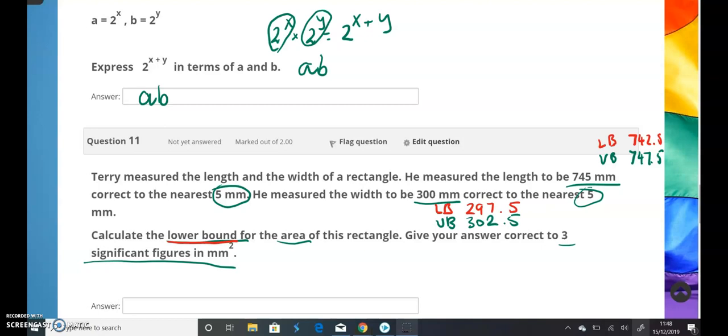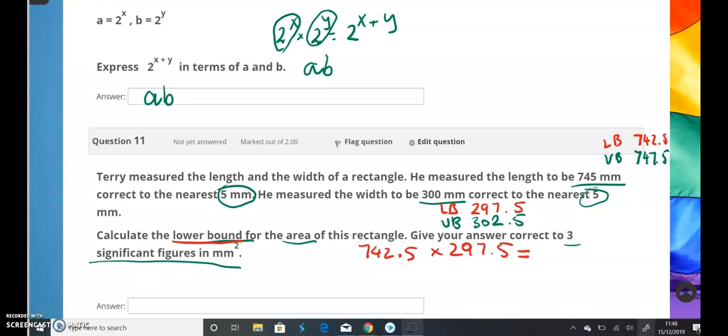So we're going to go 742.5 times 297.5, which equals 220,893.75.